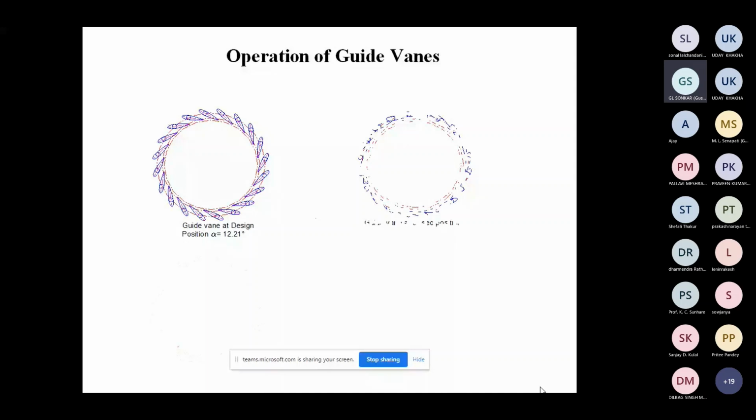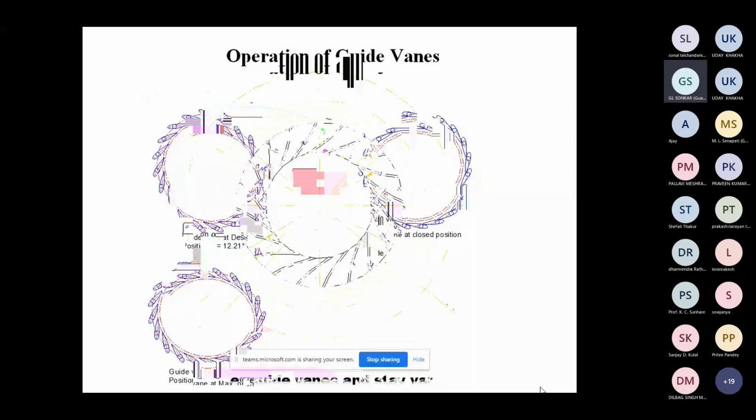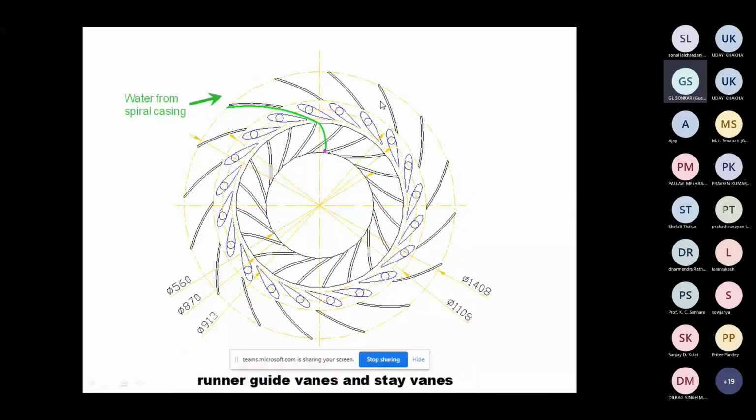Again, you can see from here also how your water is traveling, like this. In this part you can see the double line part. The outer part is your stay vane. Then this is my guide vane, and this is my runner. So how does the water from the spiral casing travel with the assistance or support of the guide vanes? Whatever water is traveling in the spiral casing should have the intention to go inside the turbine only.